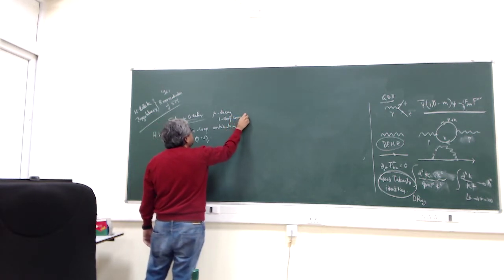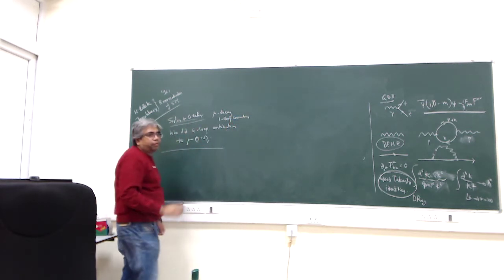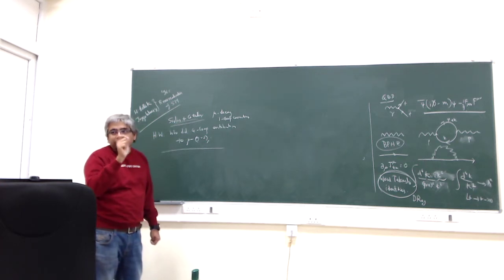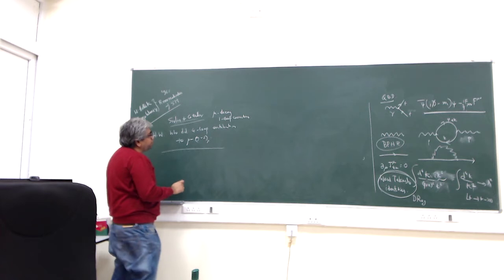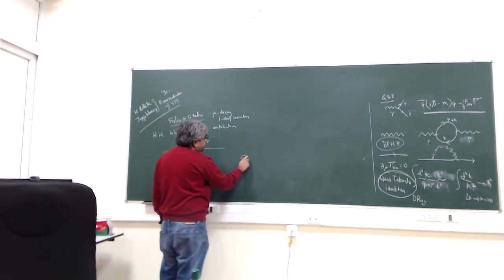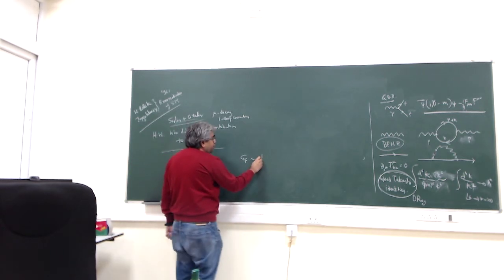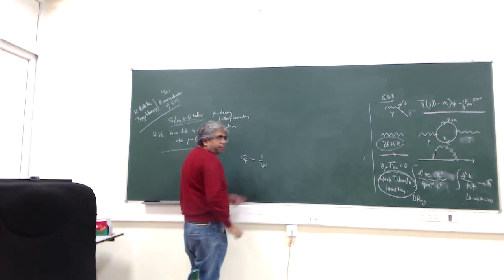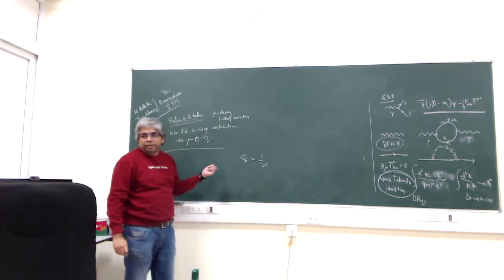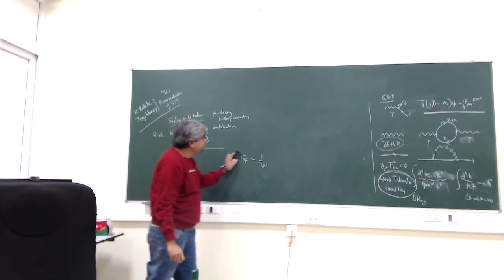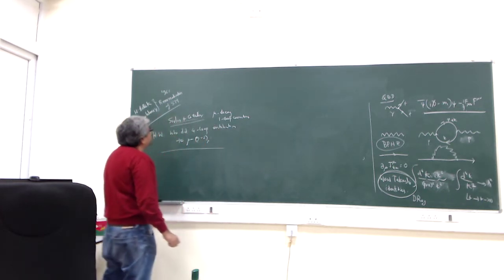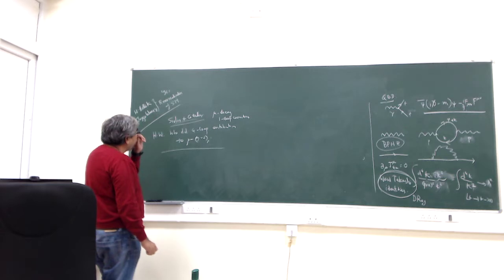But this is a non-renormalizable theory, so they found corrections to delta G_F. G_F is essentially 1 by v squared, where v is the vacuum expectation value of the standard model in the Fermi theory.